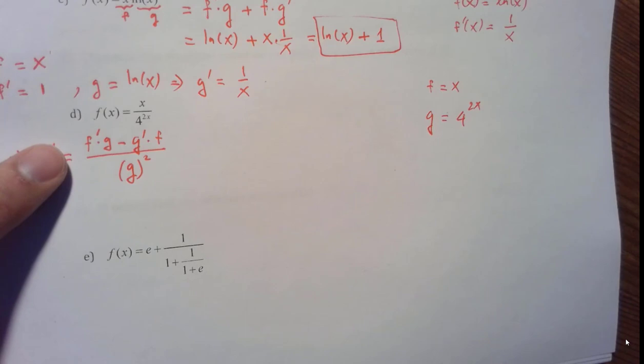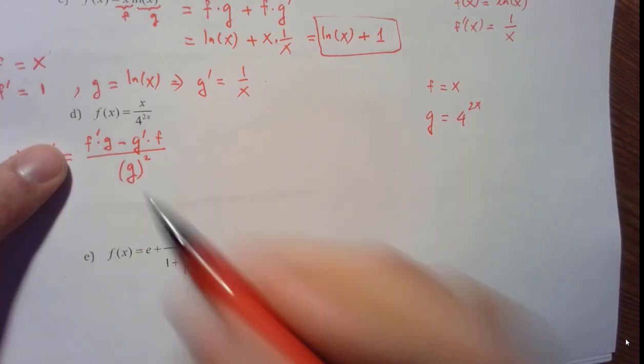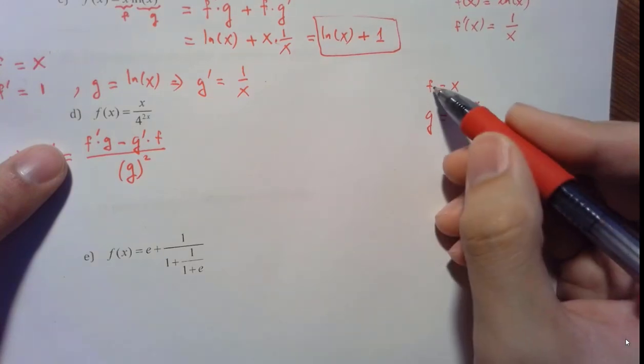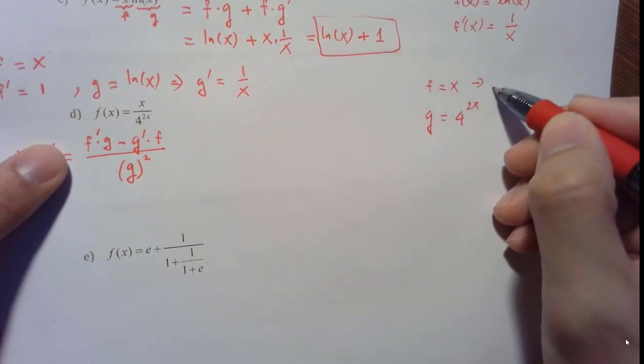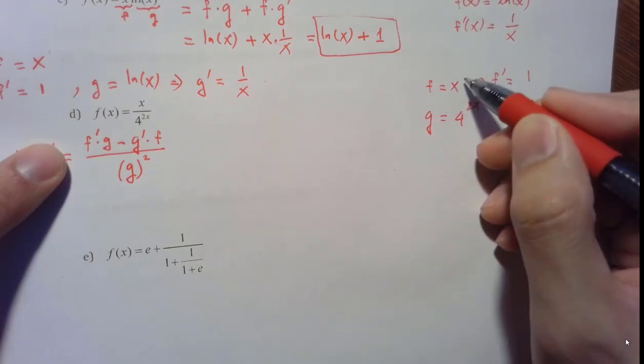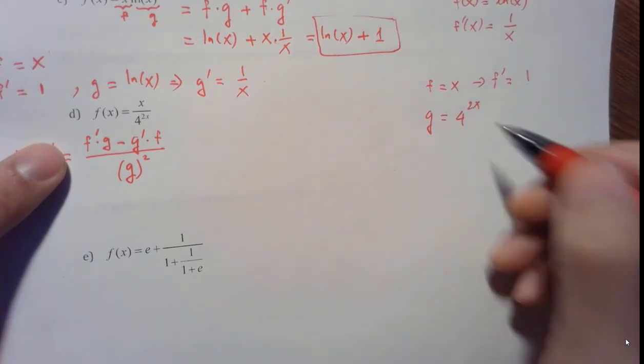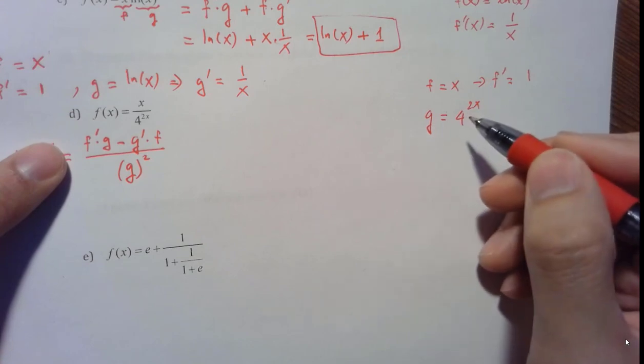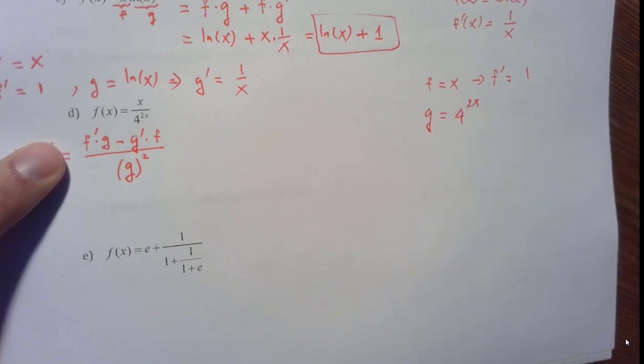Okay, now all we have to do is get the expressions for f prime and g prime. We let f be x, so we can easily find f prime, which becomes 1, because this is the first power. However, for the g function, it is a bit more complicated.